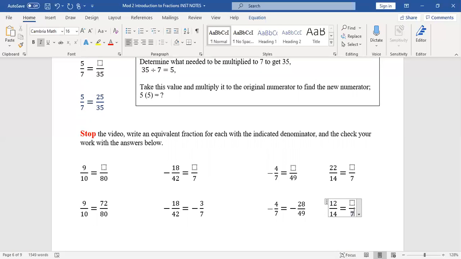So I'm going to have to take my numerator and divide it by 2 also. And 22 divided by 2 is going to give me 11. So 22/14 is equivalent to 11 over 7.